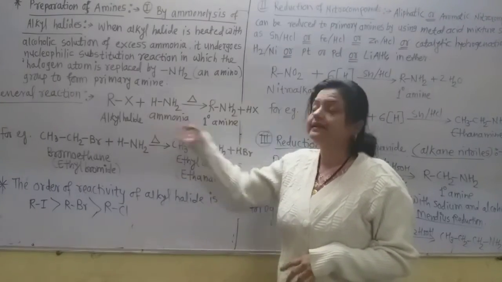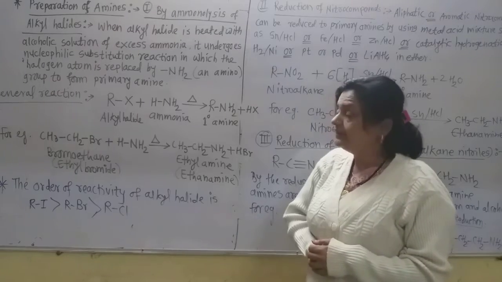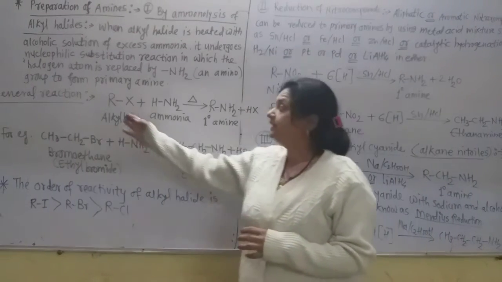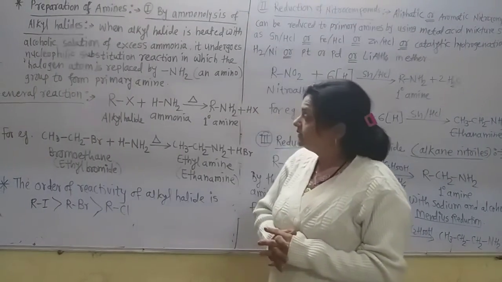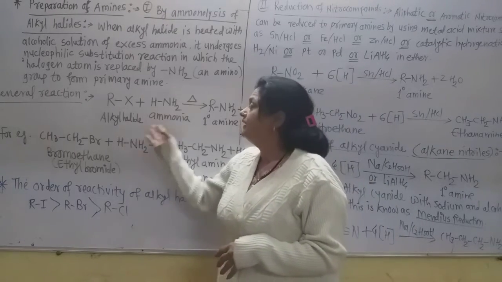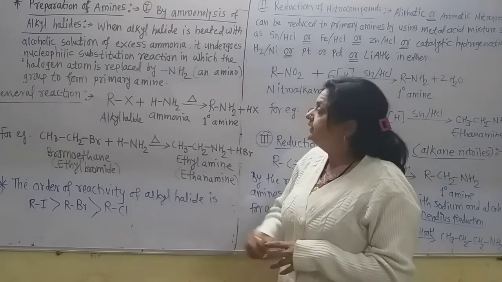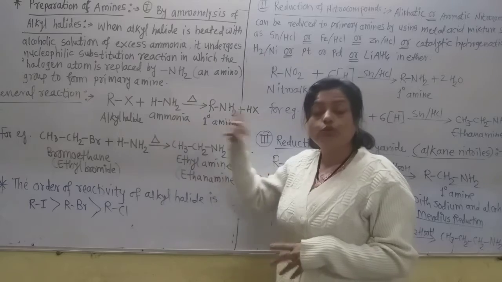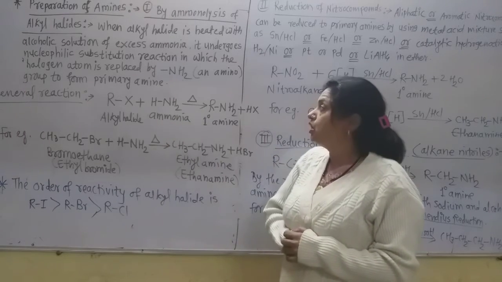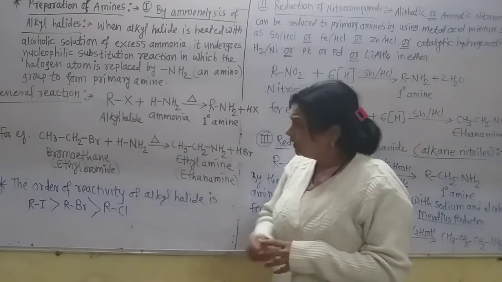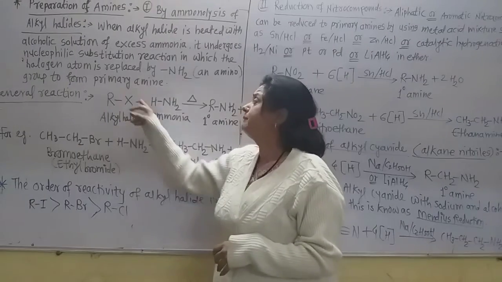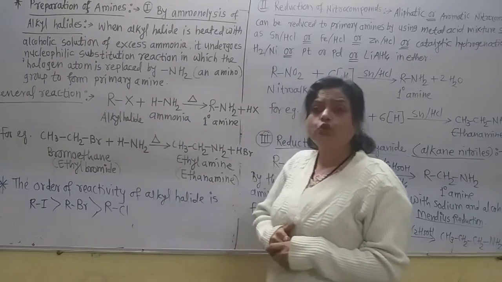This is the general reaction I show here. In this reaction, this alkyl halide RX, any alkyl halide, when it reacts with ammonia in the presence of alcoholic solution of ammonia, on heating, this halogen atom is replaced by this NH2 group.